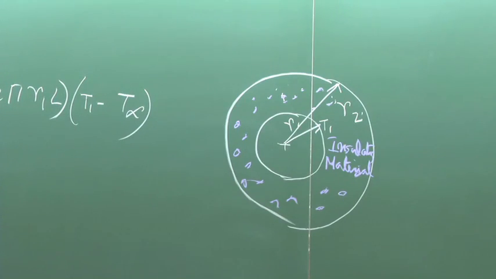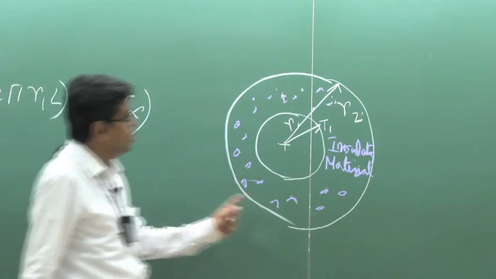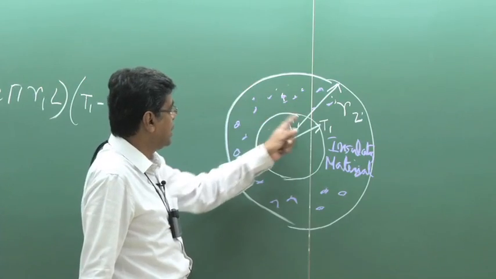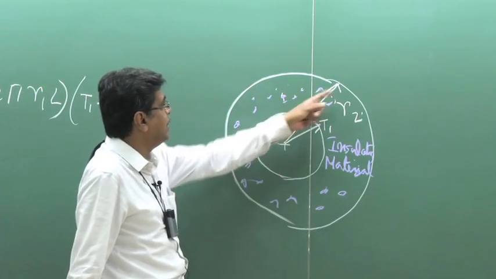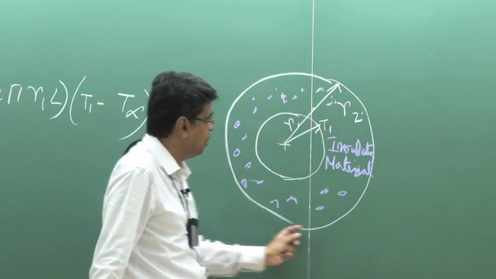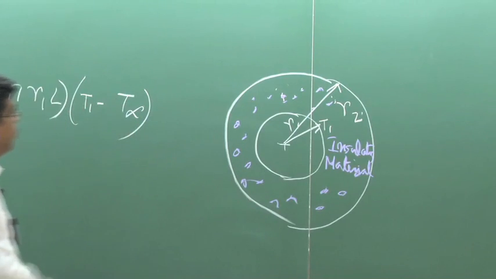Then I am drawing the outer surface of this cylinder, and this is the outer surface of the insulating material, which is in the form of another concentric cylindrical surface over it.